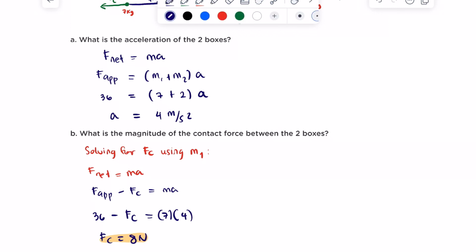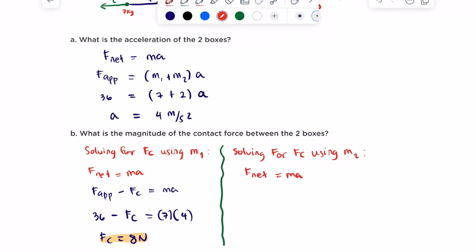All right. Now we solve for the contact force using M2, and we expect that this contact force would also be 8 newtons. Let's try that out. So let me just write: solving for the contact force using mass 2. All right, so let's start with F net is equal to ma.